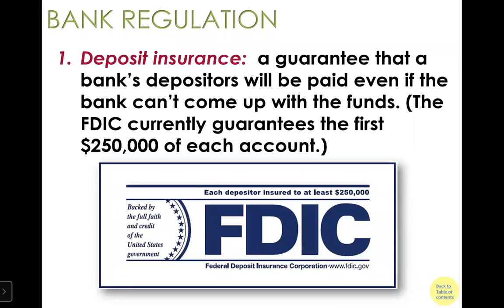Just think about it: if the bank fails, who is going to be responsible for your deposit? Actually, it's the insurer, which in the United States is called the Federal Deposit Insurance Corporation. This is a government agency or government-backed corporation, right? So this is the first regulation.